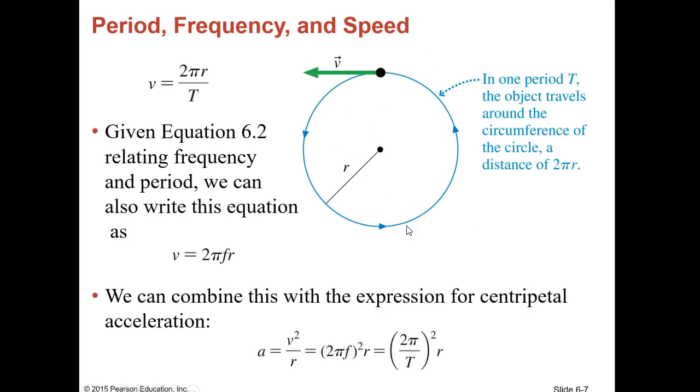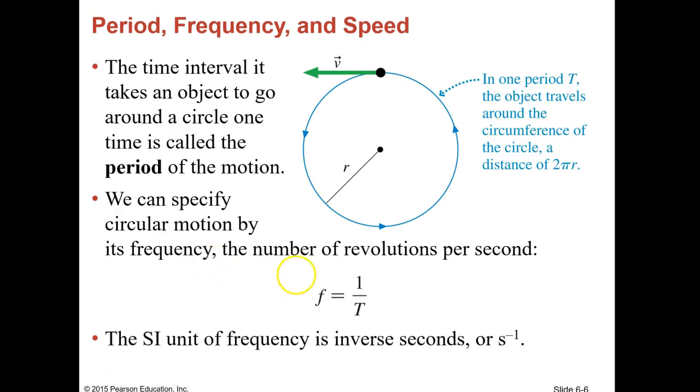So we can look at our equations here, relating frequency and period. We can always rewrite this as this. So frequency is 1 over the period.